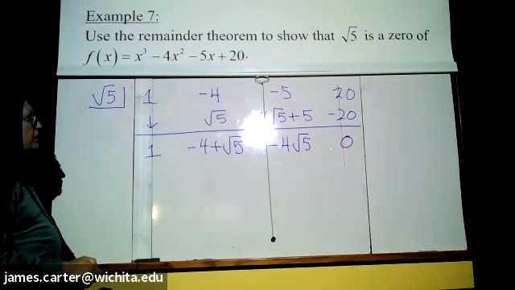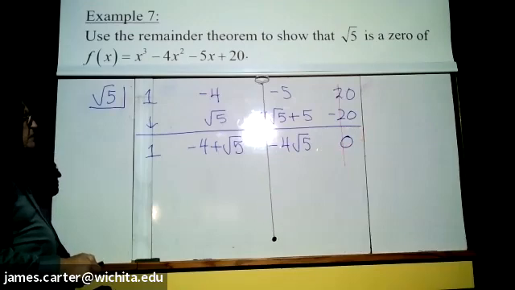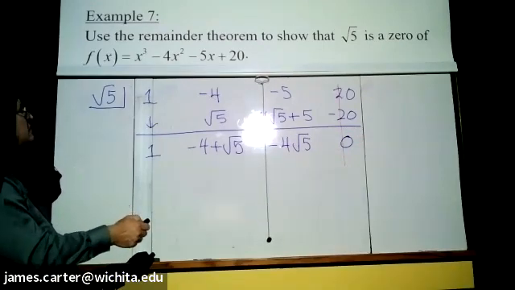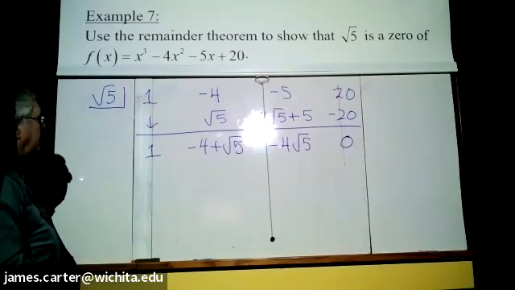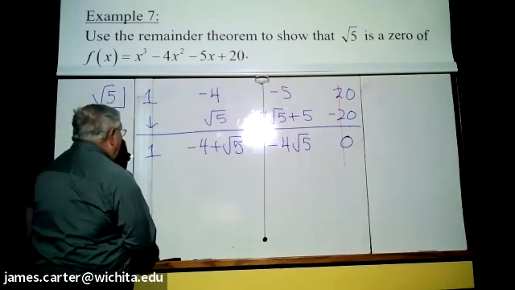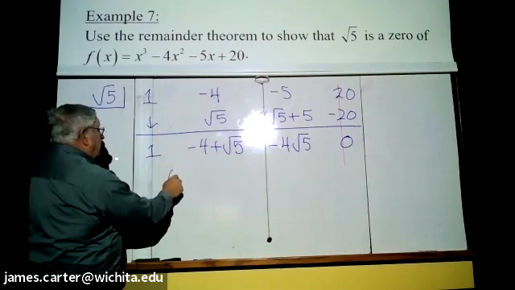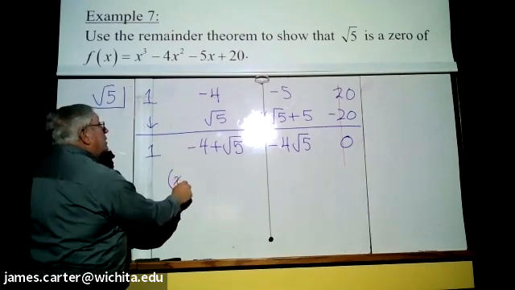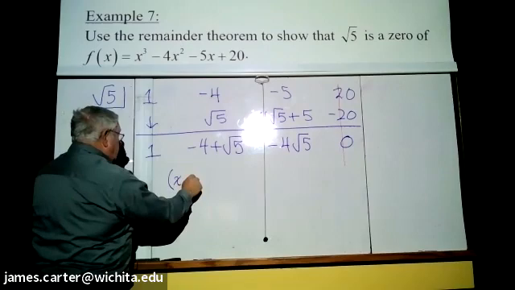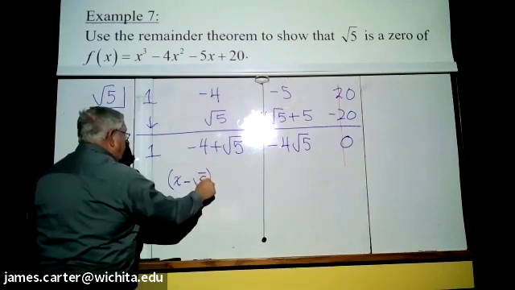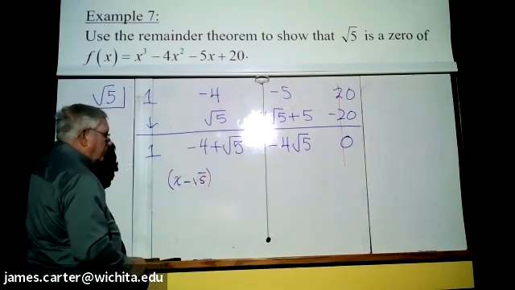Now, because you get a 0 remainder, what that 0 remainder is telling you is that, yes, square root of 5 is a perfect 0 of this equation, and it's also telling you that x minus square root of 5 is a factor.